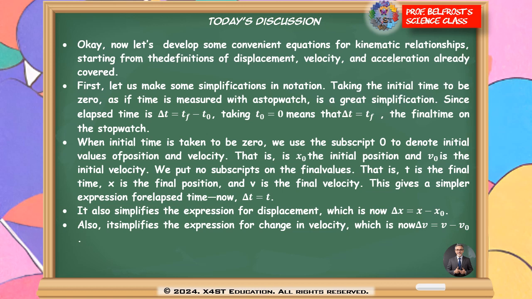So delta t equals t in this case, but only if we can take t0 to be 0. It also simplifies the expression for displacement, which is now only delta x equals x minus x0. And it also simplifies the expression for change in velocity, which is now delta v equals v minus v0.